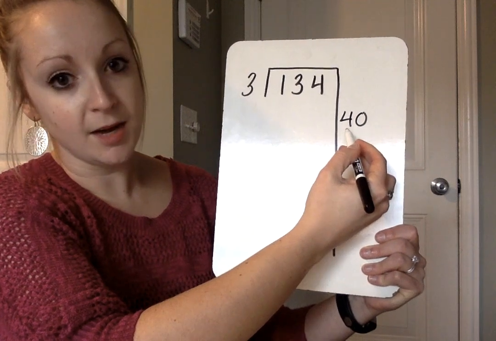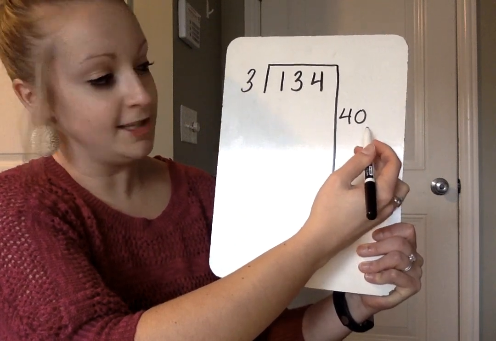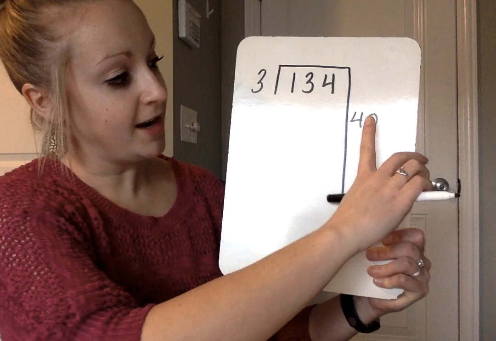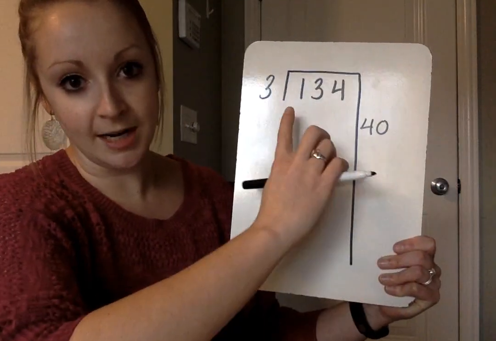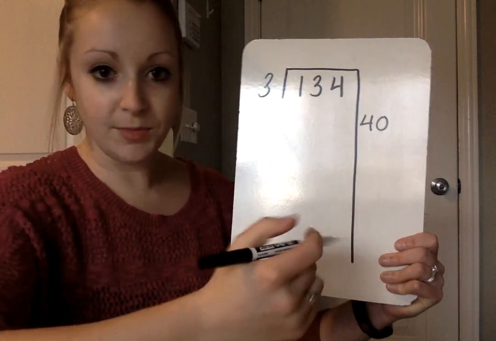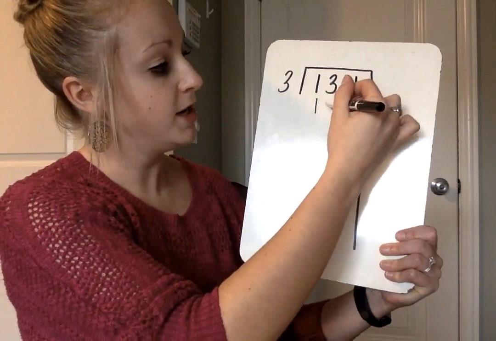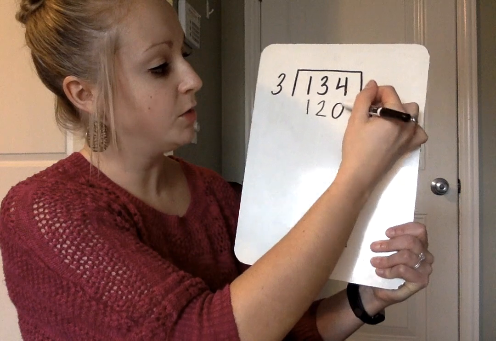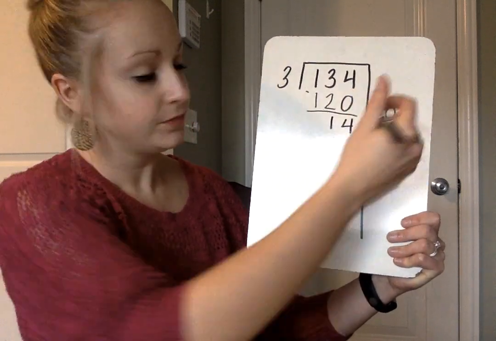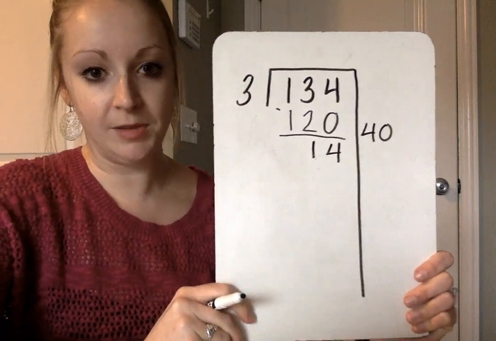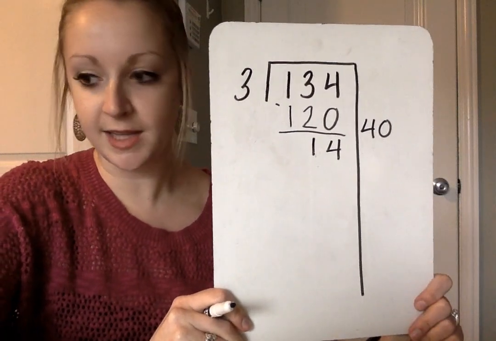Again, in my last video, I talked about this 0, the hero here. If I imagine that 0 is not there, if I know 4 times 3, then I know 40 times 3. So 4 times 3 is 12. That means 40 times 3 is 120, and that's what I would subtract. Now I'm left with 14, and then I just keep repeating that same step.